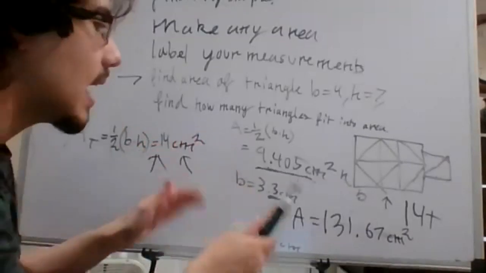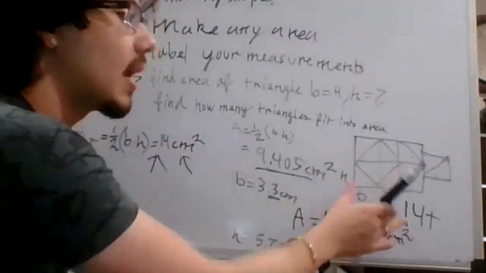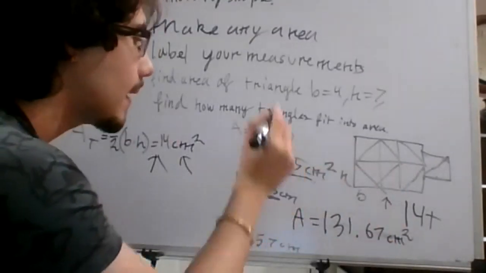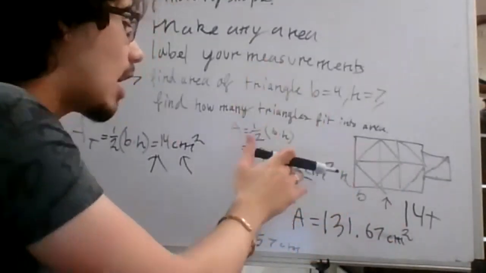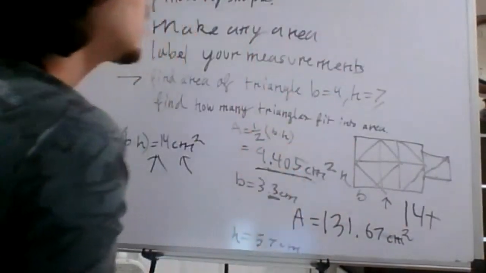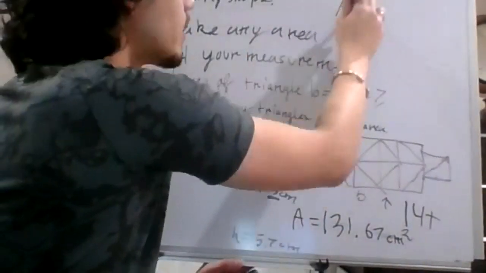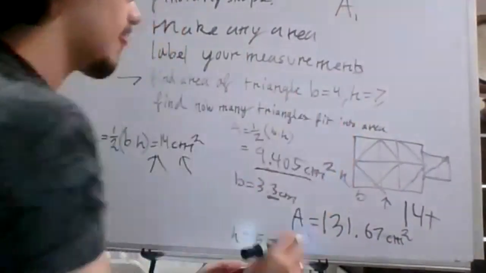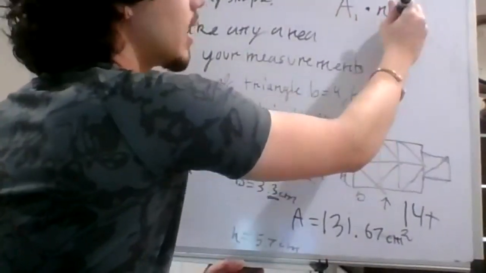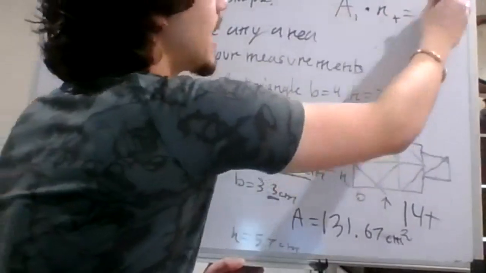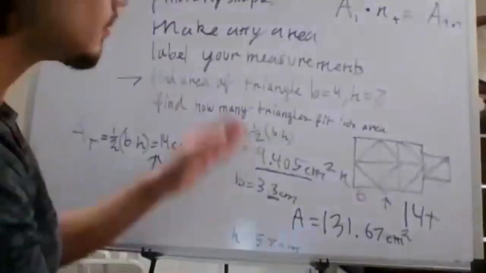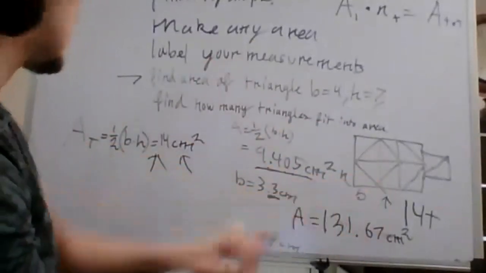So what we do is kind of like what we did here, but in reverse. In this case, we knew how much area was one triangle. So we had the area of 1, and we had the number of triangles, so we could find the total area. That's how we did this.